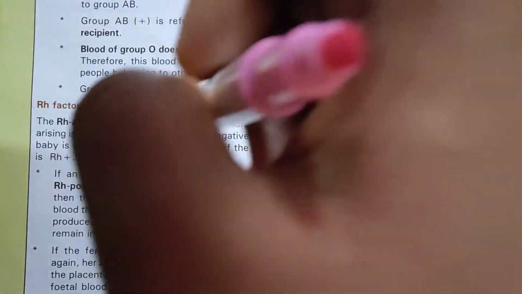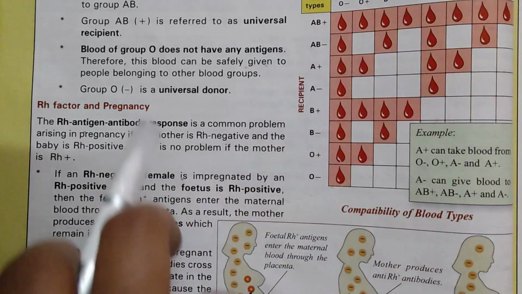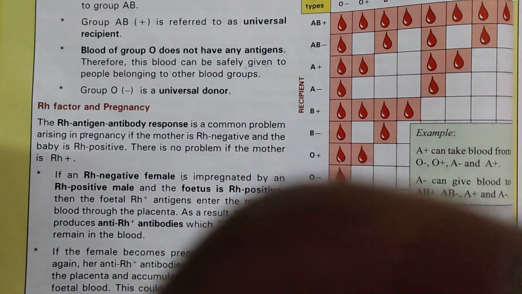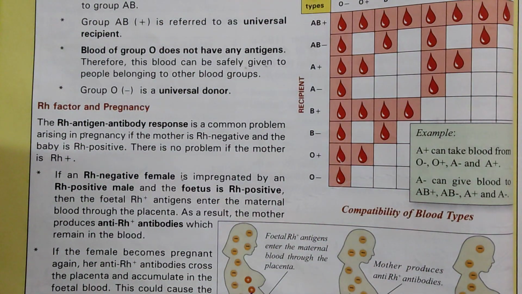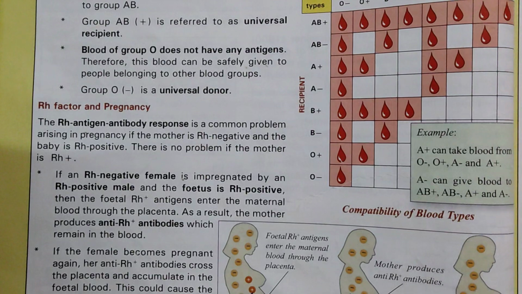So it can receive from all the blood groups, but not from all the rhesus factors. And O negative can give blood to all the rhesus factors and all the blood groups. Got it? So this is a minor difference which you'll have to keep in mind.